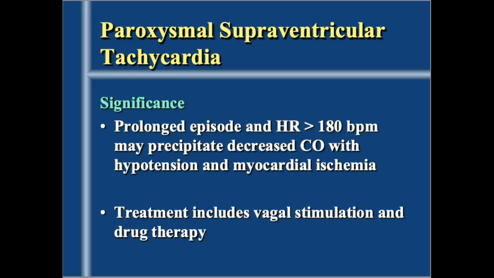So if you have an episode where the heart rate stays over 180 or greater for a prolonged amount of time, it's going to decrease your cardiac output, which is going to cause hypotension and myocardial ischemia. You're going to use vagal maneuvers, and if they don't work, you're going to give some medications.